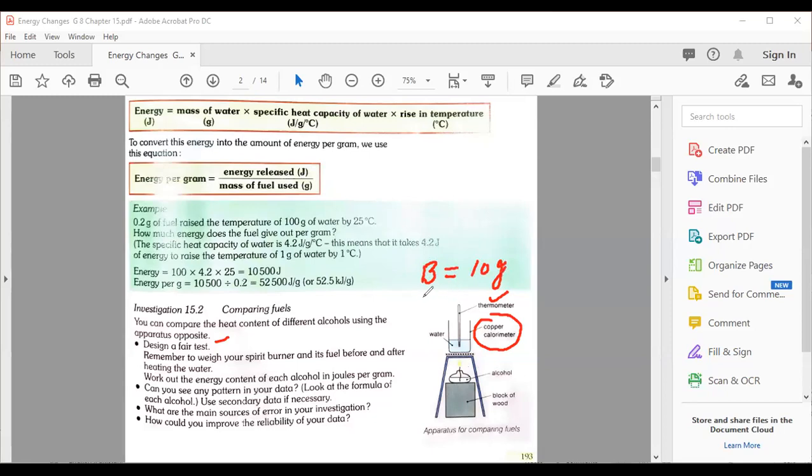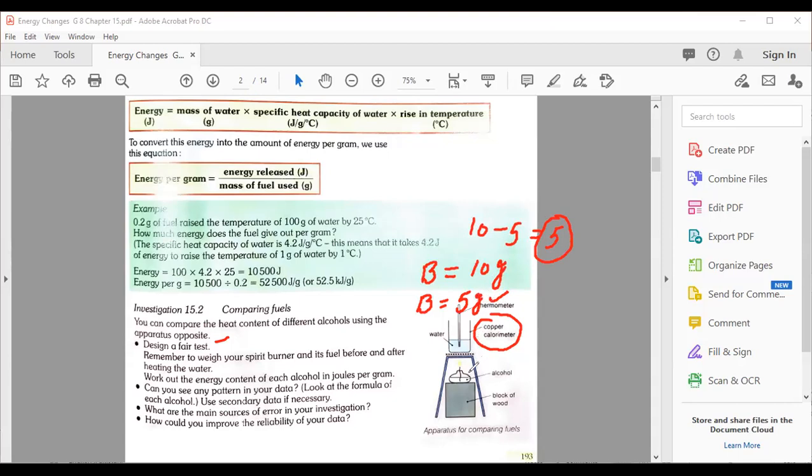After burning 5 minutes, you again weigh that burner, that will be 5 grams. Now, 10 minus 5 gives you 5. So the change in weight is equal to 5, which means you just burned only 5 grams of fuel during this experiment.